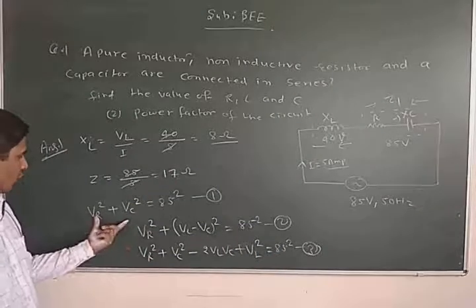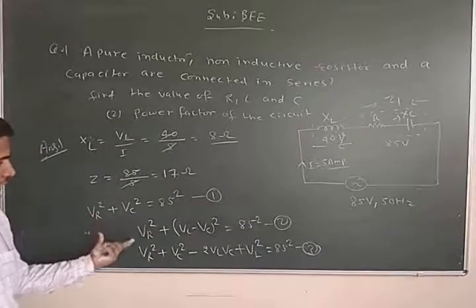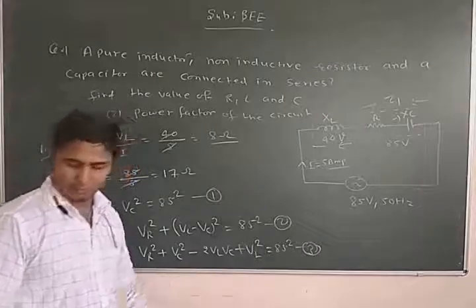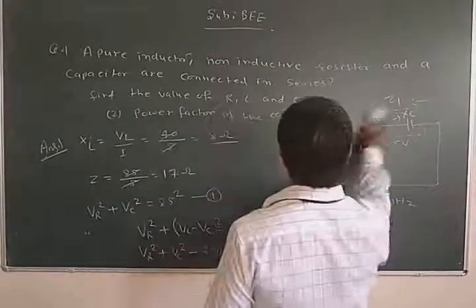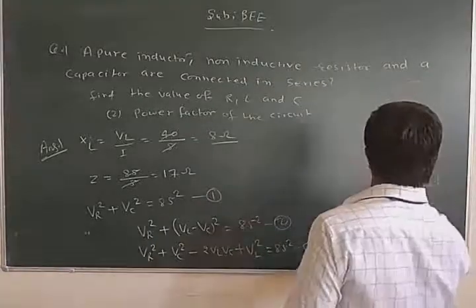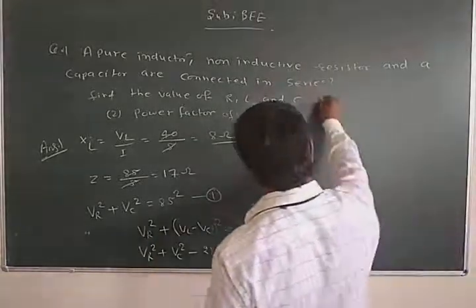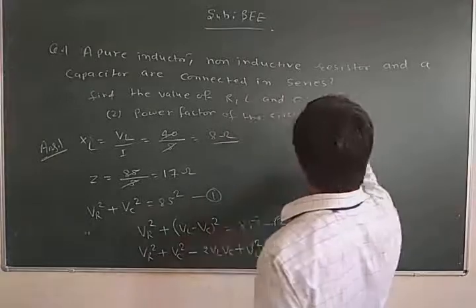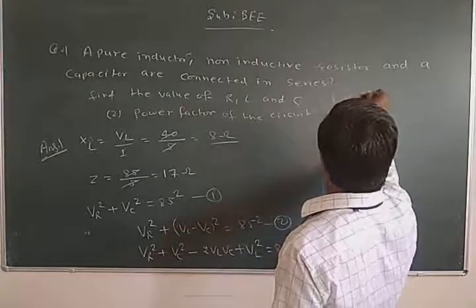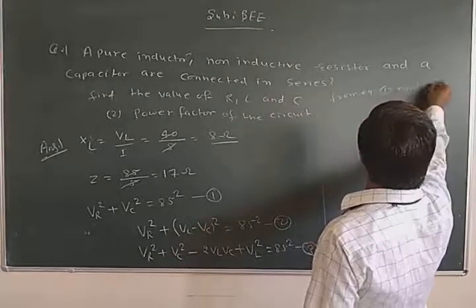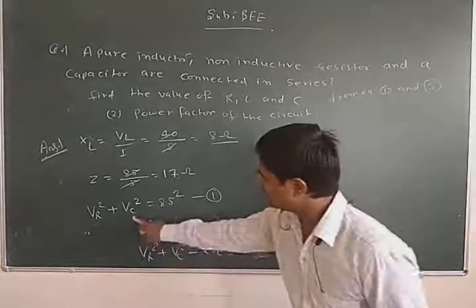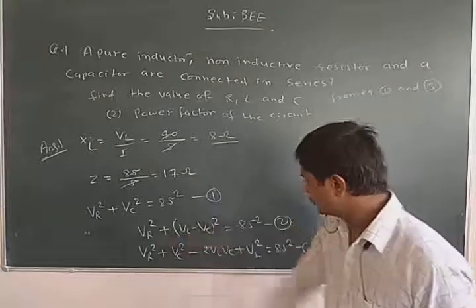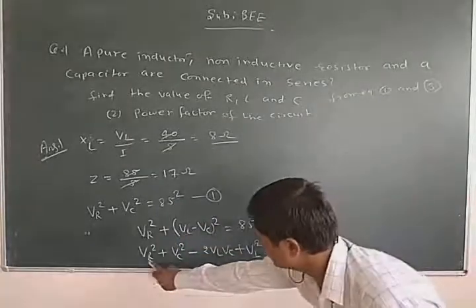Now from equations first and third, we see that VR square plus VC square is equal to 85 square. So here we can put 85 square for VR square plus VC square.